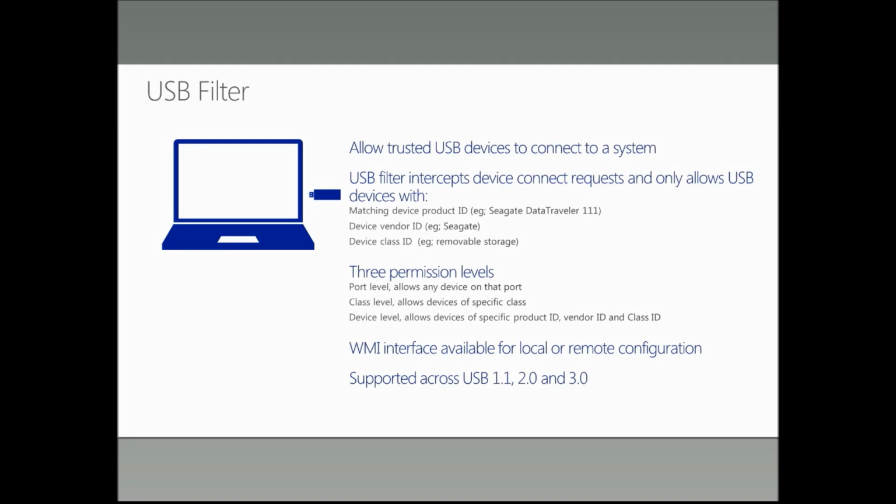And this is now possible with the USB filter, because you can now filter devices and intercept device connection by device product ID, vendor ID, and class ID, or a combination of those three. Again, accessible through WMI, and it's supported across USB 1.1, 2.0, and 3.0.